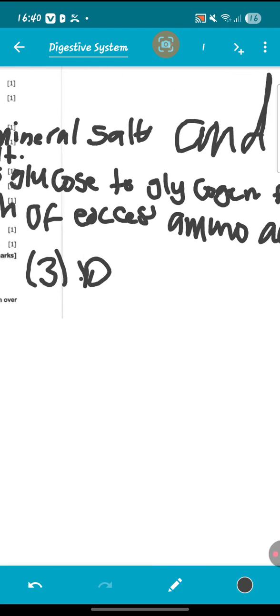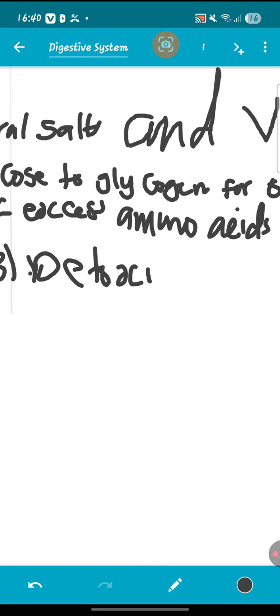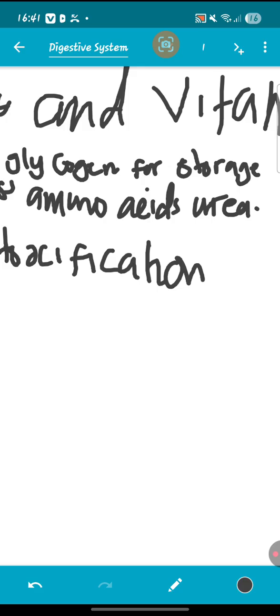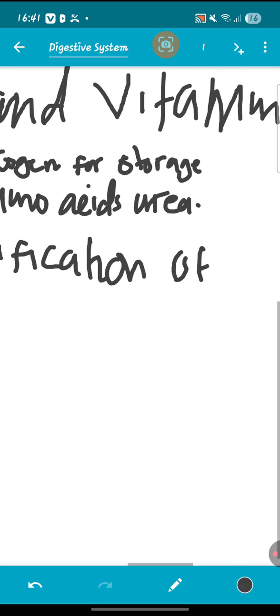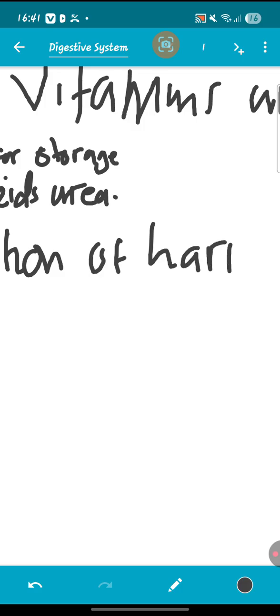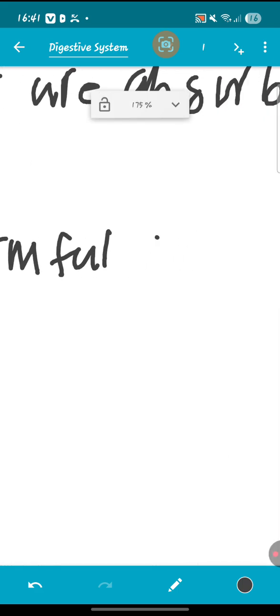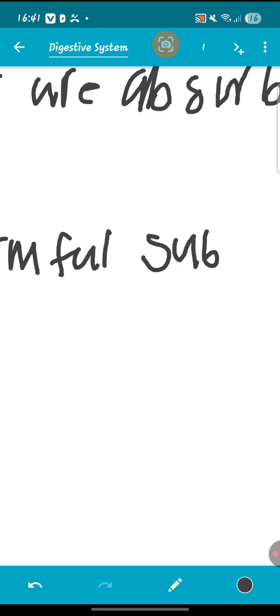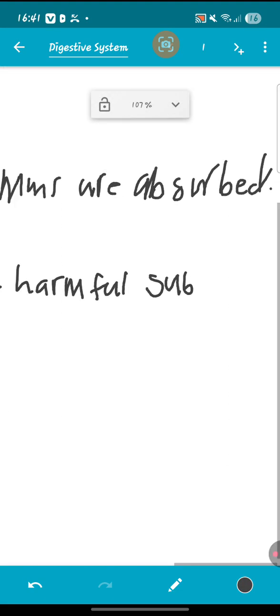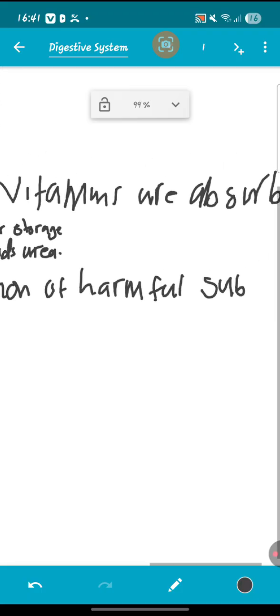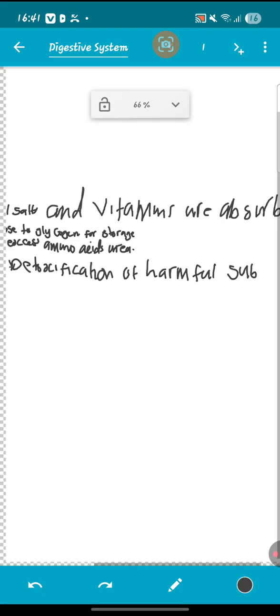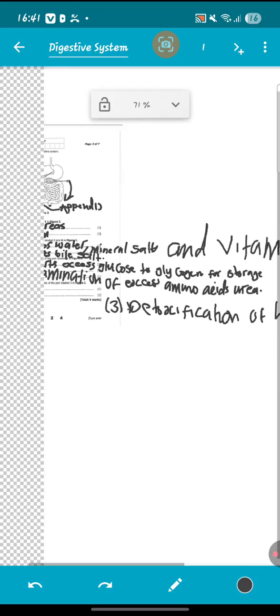Detoxification of harmful substances to less toxic substances. So thanks to the liver, because it helps those who drink too much to survive. They still survive simply because they have a liver.